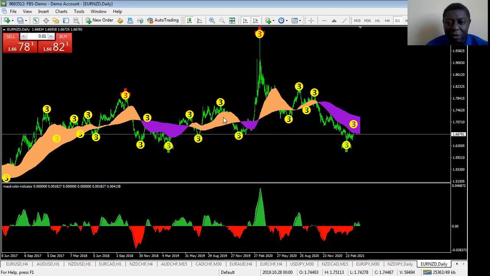And when the 50 crosses down the 200, you see this purple. So the brown means that the 50 is above the 200, which simply says that the market is going up. And the purple simply means the 50 is below the 200, which means the market is going down.